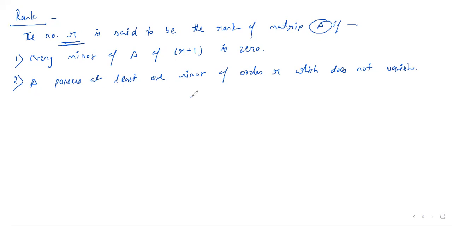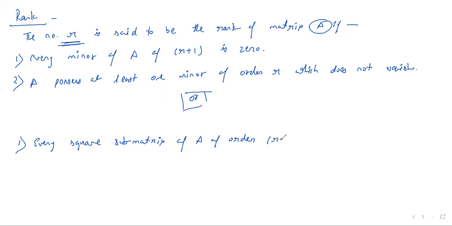You can also define the rank of the matrix like this: if every square submatrix of A of order r plus 1 is singular. That means if we have a rank r, then the matrices of order r are non-singular, and the matrices of order r plus 1 are singular.